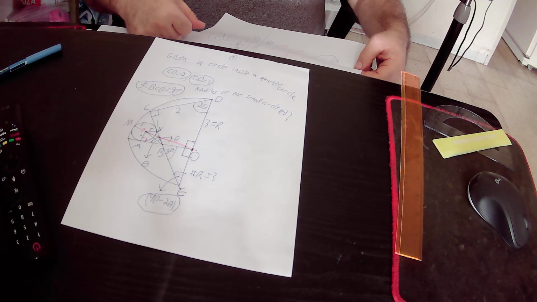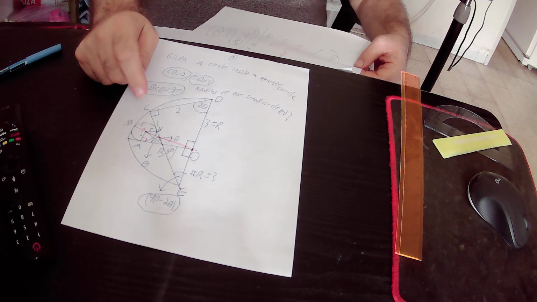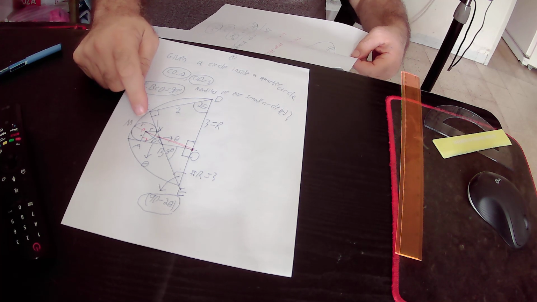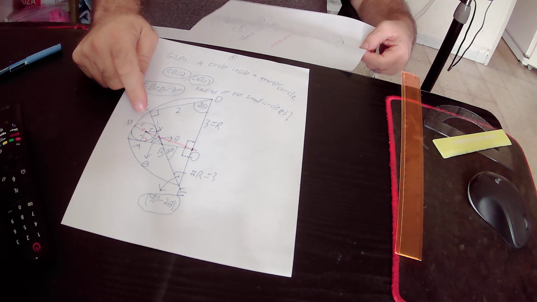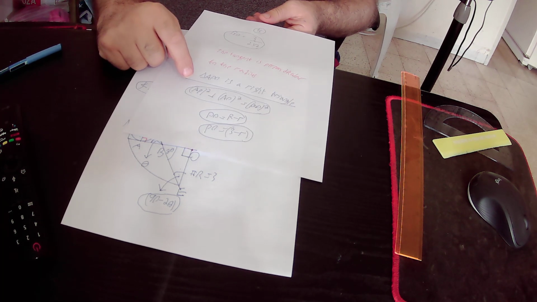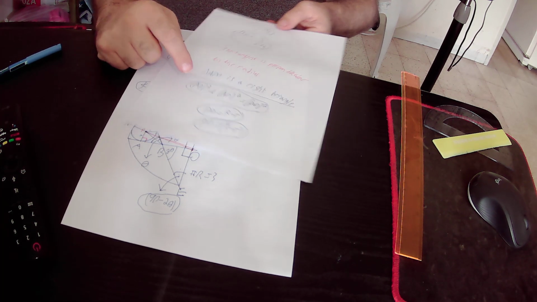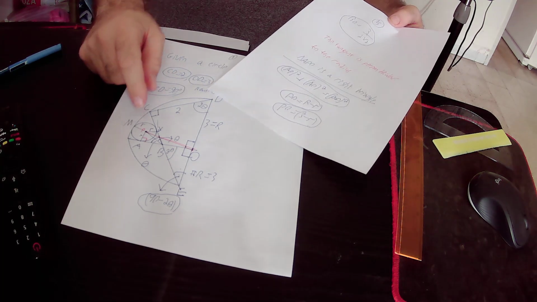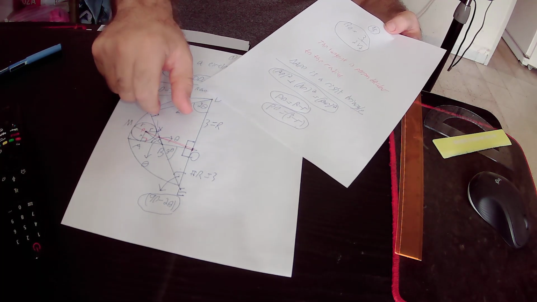So triangle APO is a right triangle, so we can implement the Pythagorean theorem: AP squared plus OA squared equals PO squared.